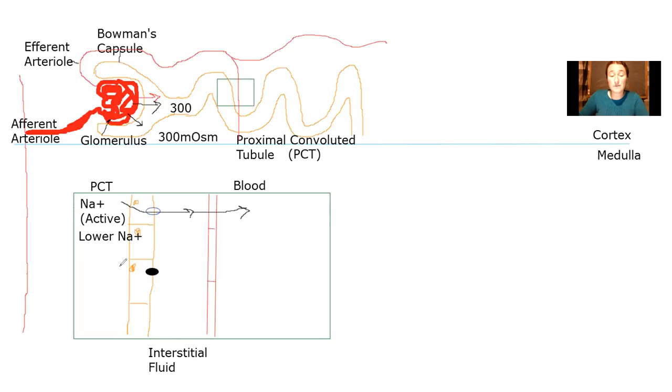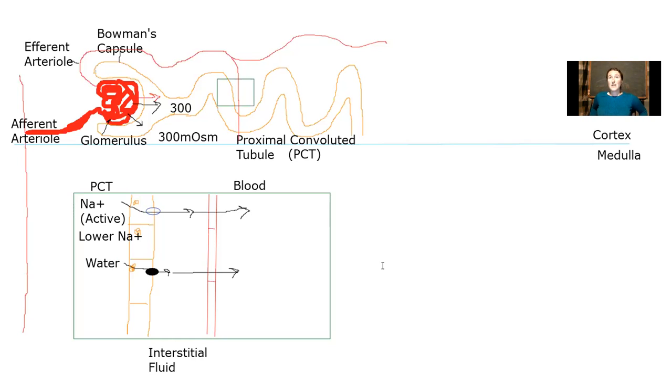Okay, because water follows salt, right? Higher salt in the blood than there is in the PCT right now, water is going to flow down its concentration gradient through the aquaporins, following the salt into the blood. All right, so water is therefore reabsorbed. Okay, water is reabsorbed.